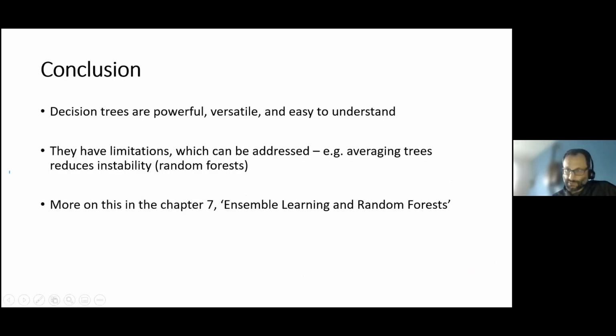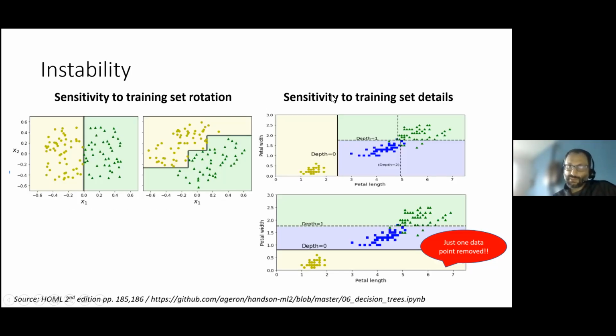And on the right, this was, I think what they said was they removed one outlier. It was like an iris with a really wide petal or something, or really long. And the result was to go from this to this.